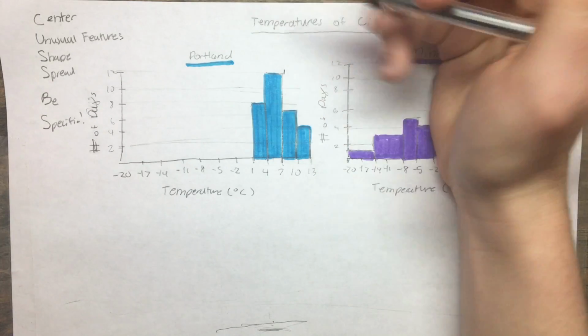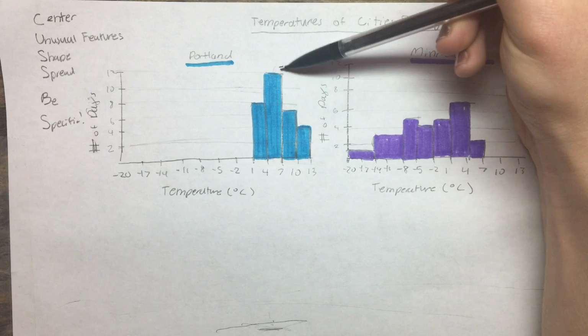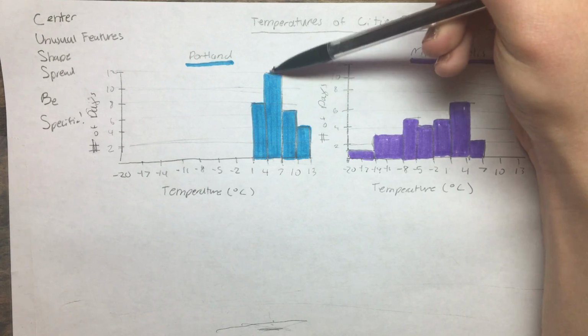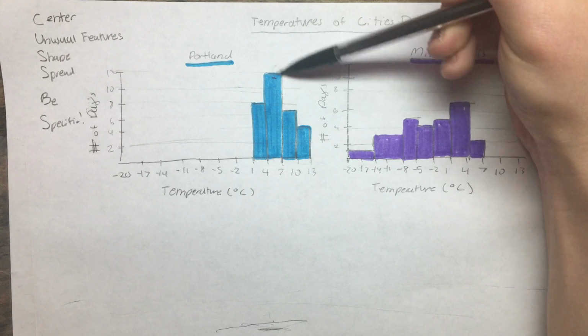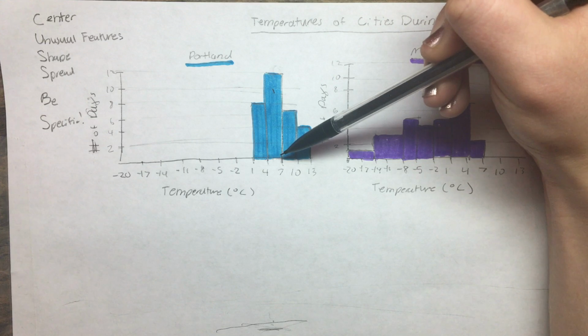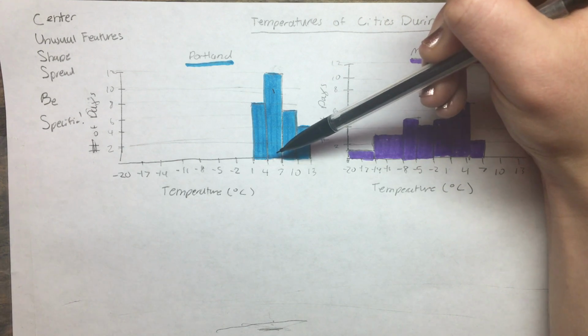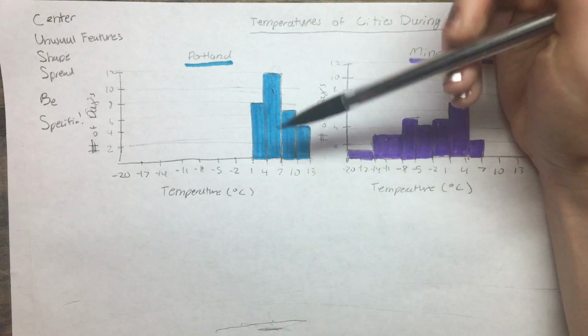For Portland, it looks like the center is right here. That's where the most is, the peak is around this section right here. And we're kind of going to have to approximate where it is because it's not exactly one point. We're not going to go and do math about this. We just have to look at the graph and approximate where it is.